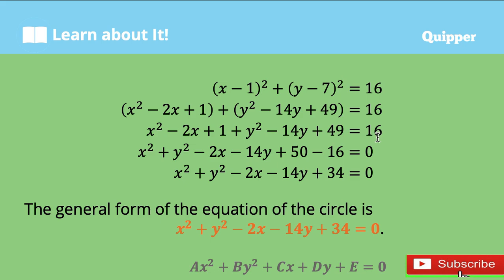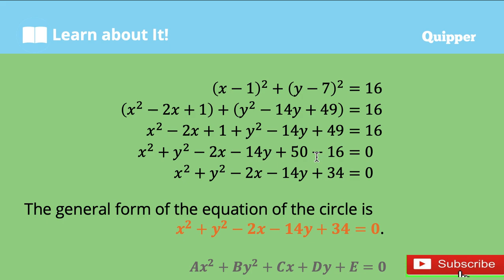Then arrange this into this form: ax squared plus by squared plus cx plus dy plus e is equal to 0. So we have x squared plus y squared minus 2x minus 14y. 1 plus 49 is 50. Then transpose this 16 to the left side.